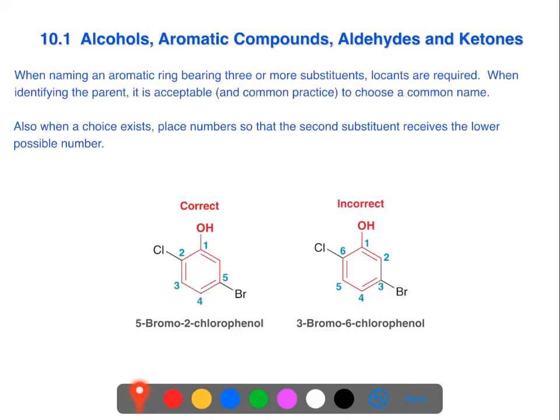We will alphabetize those substituents, so the B in bromo precedes the C in chloro, and then we provide locants to the relative location with respect to this carbon atom. Now we would have 2 options here. We could refer to it as 5-bromo-2-chloro or 3-bromo-6-chloro. And the way to decide is you want to give the lowest possible locant to your set. So the 2 with respect to chloro is lower than the 3 with respect to bromo.